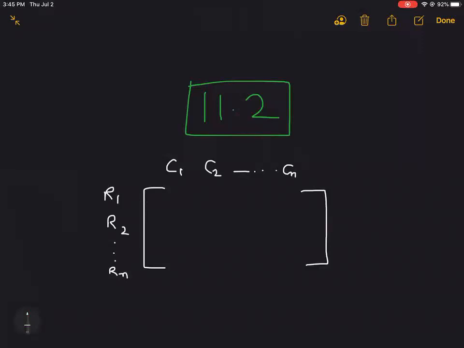You will have several entries here. Let's say that will be row 1, column 1, row 1, column 2. Similarly, it will be row 1, column n. So if you have AMN, M is the row and N is the column, okay?